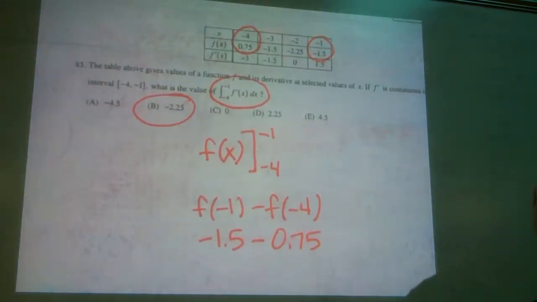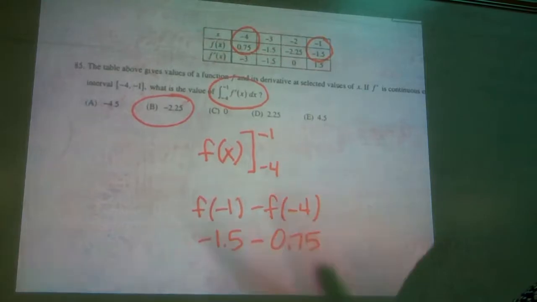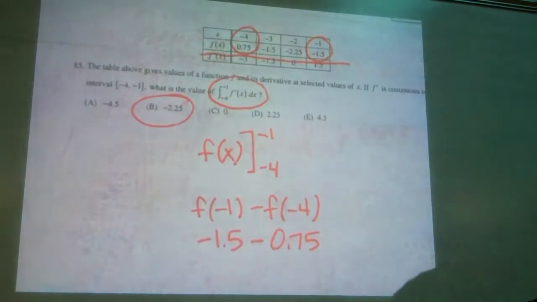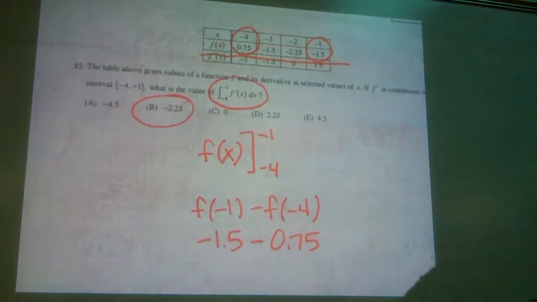I did it the opposite way. I just did like the derivative. Yes. That's why they gave you that line of the table, because really that line of the table is not necessary at all. But they gave it to you so that you would have to decide which values you were supposed to use. Okay.